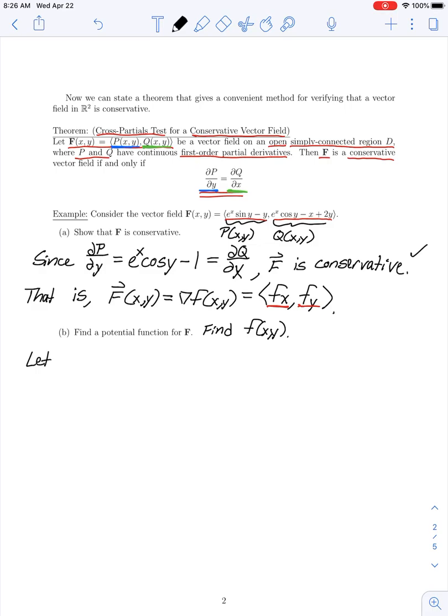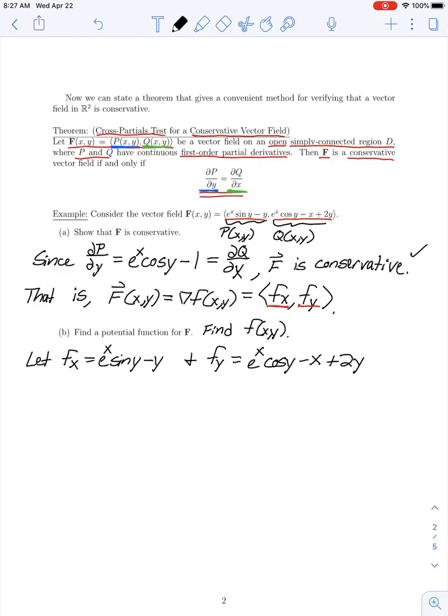We know that whatever our potential function f is, its partial derivative with respect to x has to equal the first component of our given vector field, that is e to the x sine y minus y, and the partial derivative of the potential function with respect to y has to equal the second component function of our vector field, that is e to the x cosine y minus x plus 2 times y.